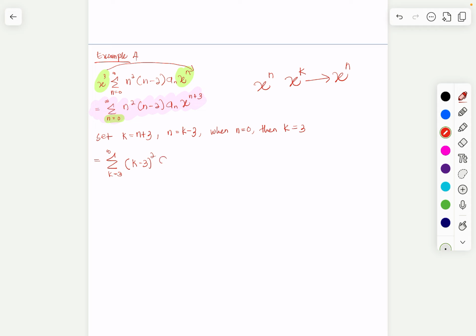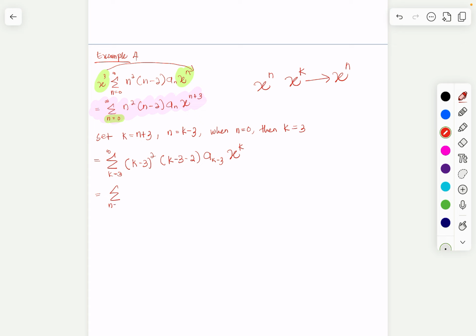Then a subscript of n minus 2: n minus 2 becomes k minus 3 minus 2. And the subscript of n becomes k minus 3. And x to the power of n plus 3 becomes x to the power of k. Now this is in terms of k. You can always change the letter, so I change back to n.